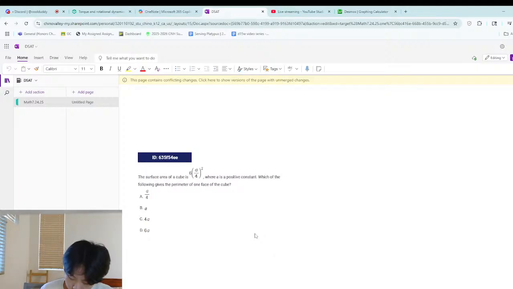Which of the following gives the perimeter of one face of the cube? Give me 1 second to navigate back. Okay, here we go.